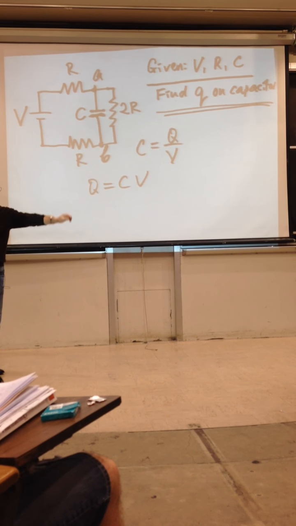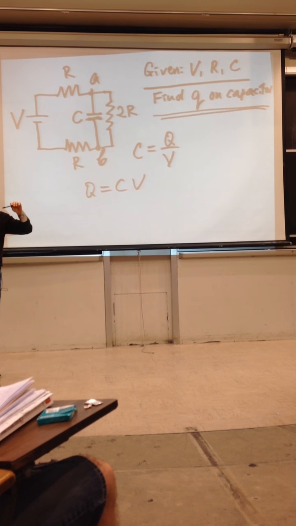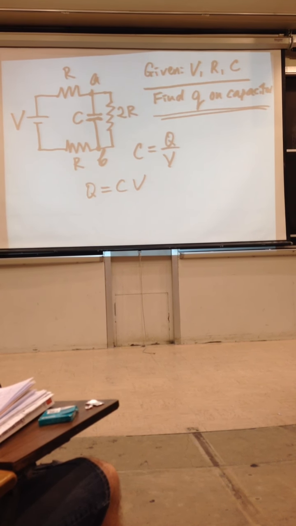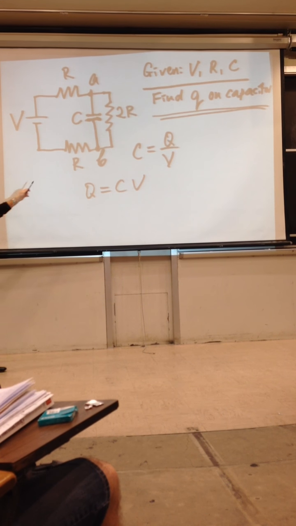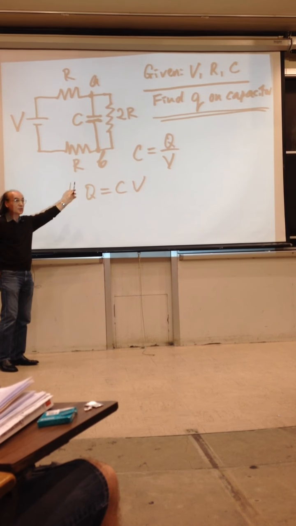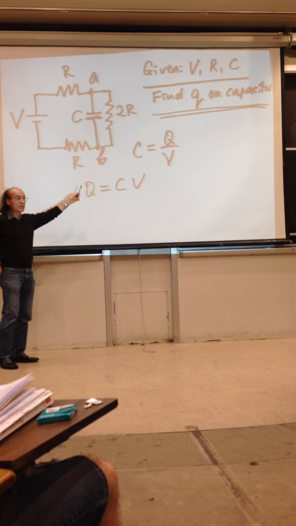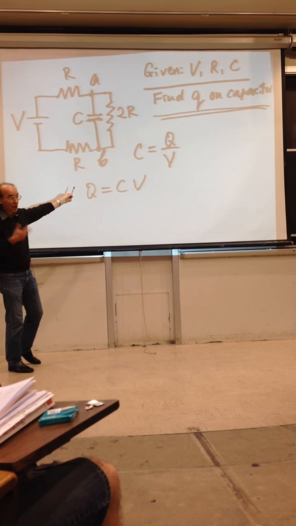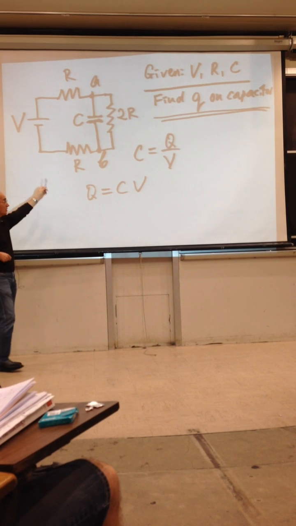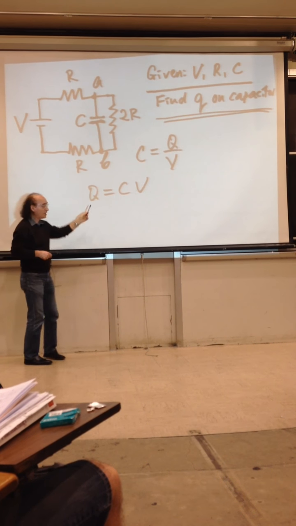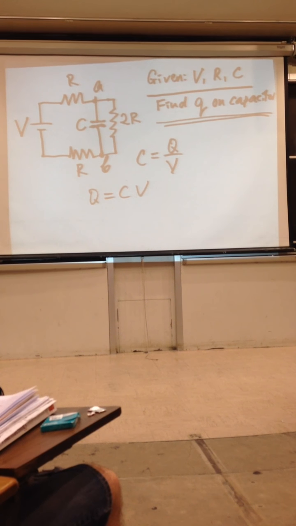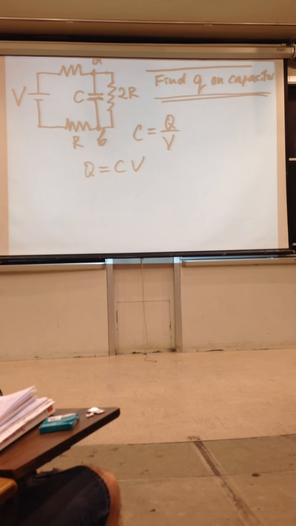Two resistors are connected in series, they have the same current. Once you find the total current, that's the current in each of these resistors, including this 2R. When you find the current in 2R, you can multiply that current by the resistance 2R. Current times resistance is voltage. You can find the voltage. And then multiply it by capacitance, you can find the charge on each plate of this capacitor.